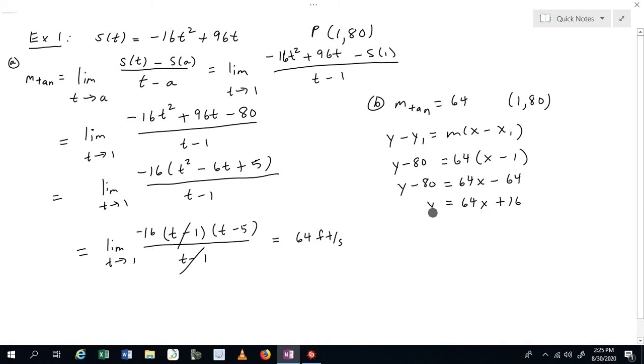Now, it may be more appropriate to write this in terms of t, because our independent variable is t instead of x. Okay, but either way, this is the equation of our tangent line, right when t is equal to 1.